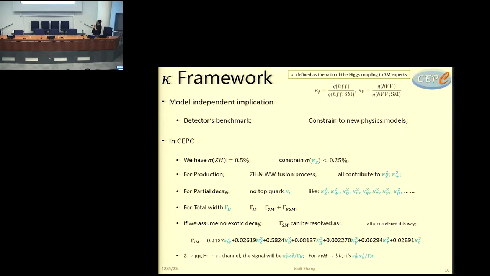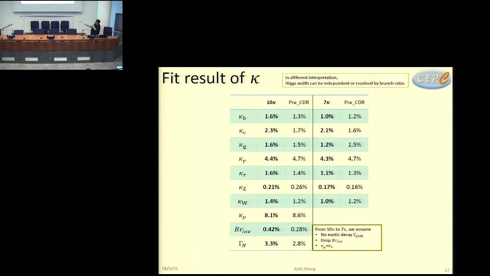And also for the production and the partial decay, the kappas are separated in different places, and in the kappa framework there is a parameter, that is the total width, and we can resolve the Higgs width or just keep the Higgs width as an independent parameter. So the kappa frameworks can be categorized as the 7 kappa framework or the 10 kappa framework.